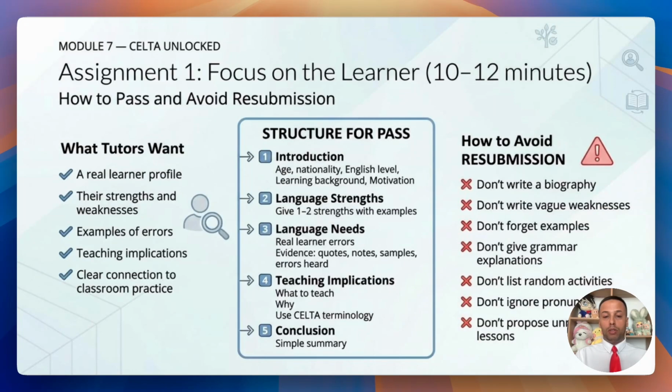Don't forget to give examples, because from examples teachers understand that you understand your learners' needs and you are aware of how you're gonna fix them, right? So don't forget to give every claim clear evidence, all right?